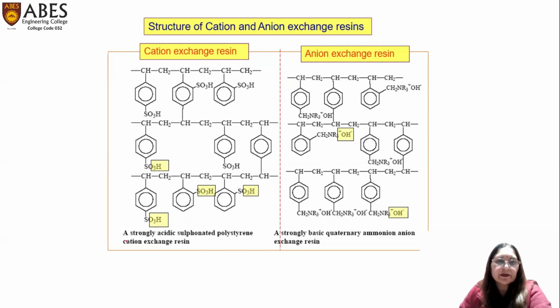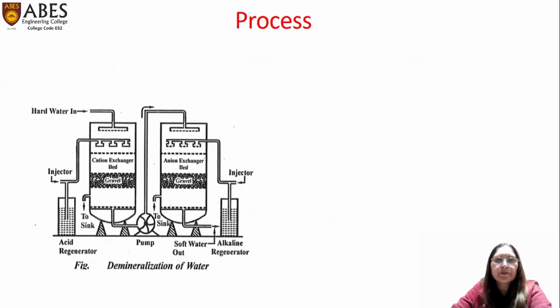Cations of hard water, what? Calcium or magnesium, and anions, chloride ion and sulfate ion. You can see here the acidic functional group H and the basic functional group OH. And this is the assembly for the purification, the demineralization, of water. You can see here we have two tanks. One tank is the cation exchanger bed and the second is the anion exchanger bed.